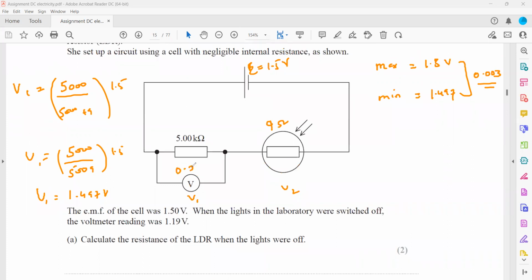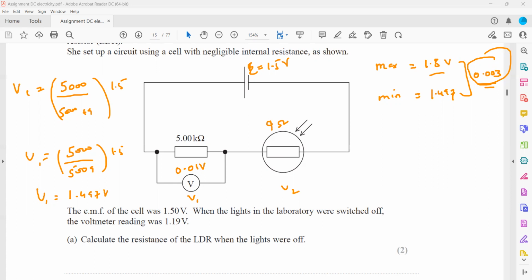The voltmeter can record a change of 0.01 volts. But the maximum reading across the voltmeter can be 1.5 and the minimum reading is 1.497, so this change cannot be recorded. Why? Because that is smaller than the accuracy, or the least count, of this voltmeter. That's why this circuit is not accurate enough to measure the resistance of the LDR.